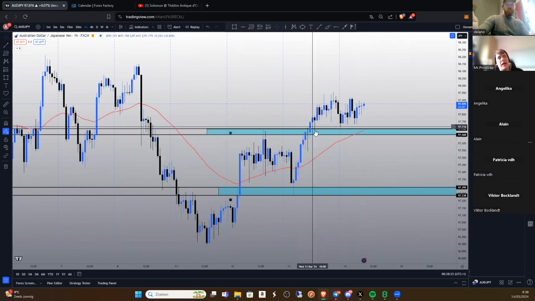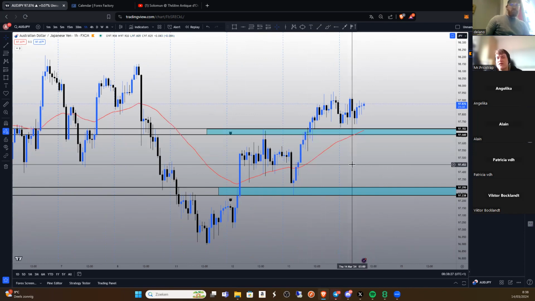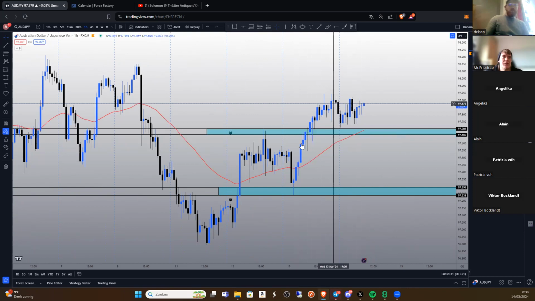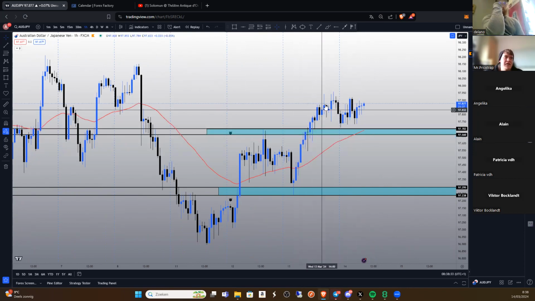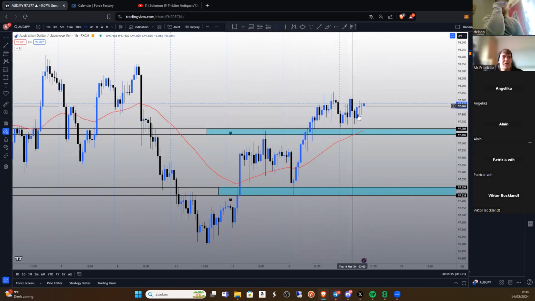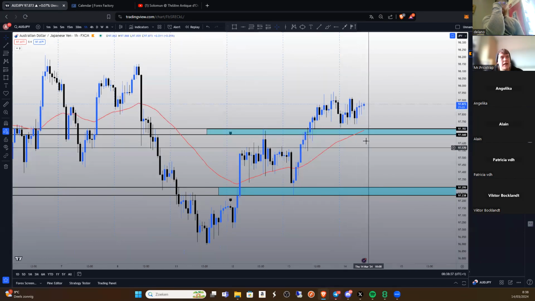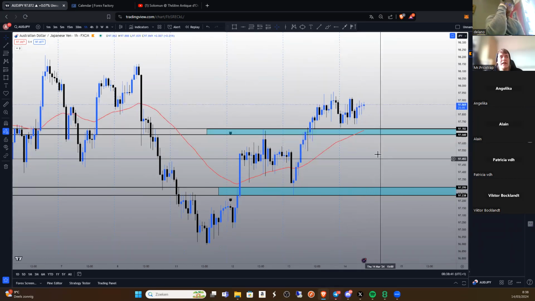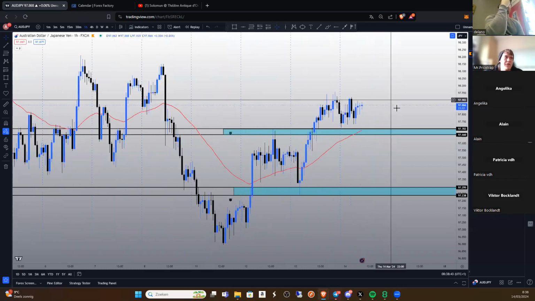Of course, we already had this very small and fast retest. But like you guys know, I personally don't really like to react on these fast retests, all right? I want these clean and obvious retests like we are seeing right now on AUD/JPY. If we would drop, this is the long and clean retest that I'm really looking for, okay?